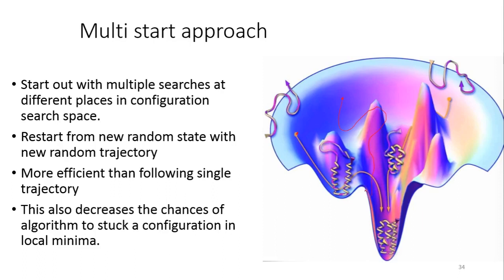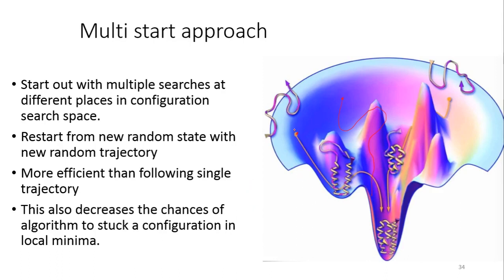We restart from a new random state with a new random path, and hence it becomes more efficient than following a single path. This also decreases the chances of the algorithm getting stuck in a configuration in a local minimum, so you can kind of avoid that.